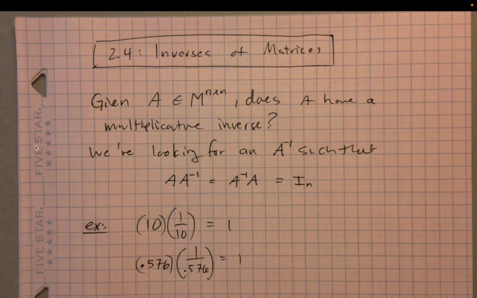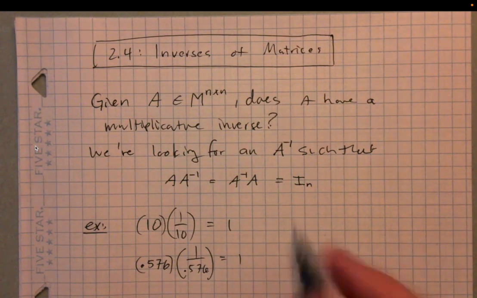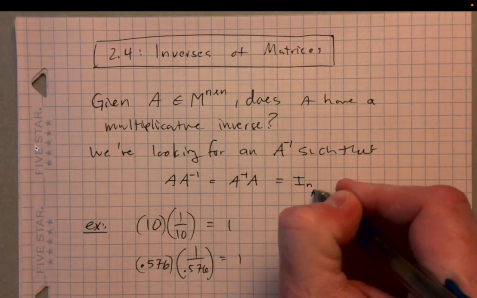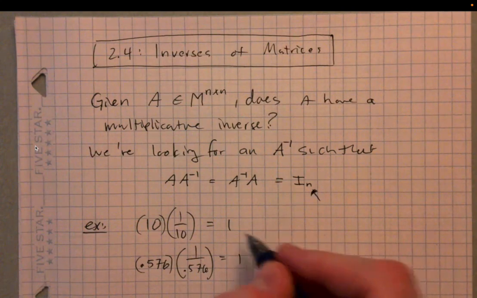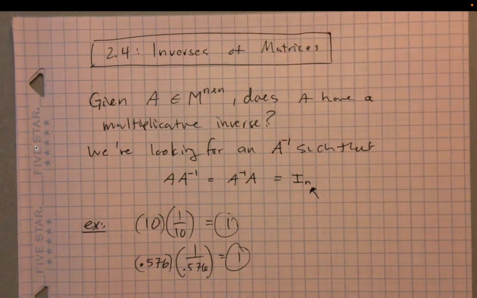But basically, we're looking for a matrix such that the product of the matrix with its inverse is equal to the identity matrix. In linear algebra, we tend to think of these identity matrices as fitting the role of the unit, sort of like the 1 in the real number system.